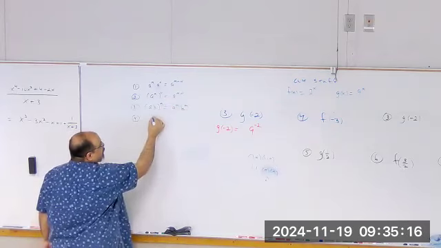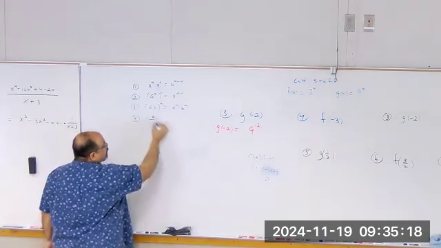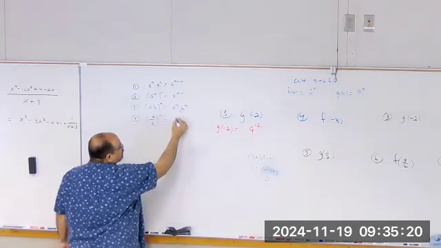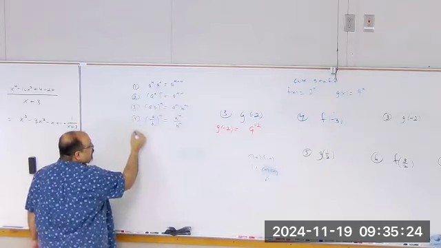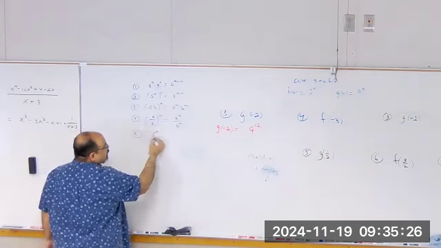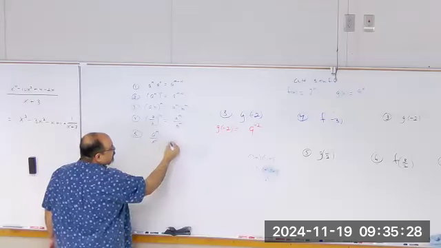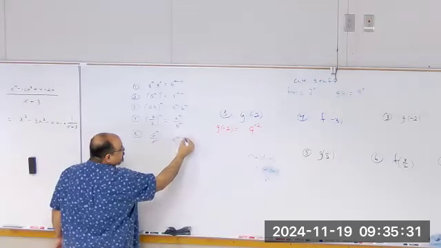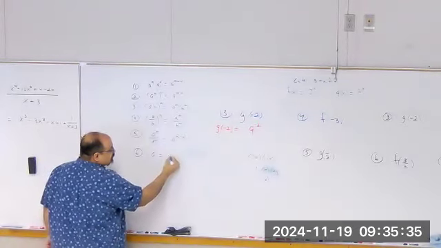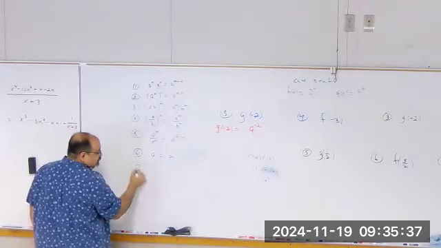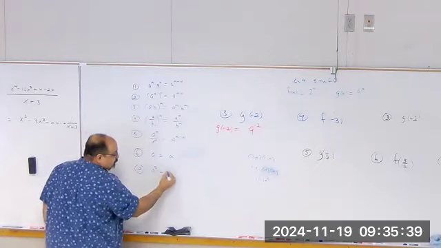Number 4, a over b to the m is equal to a to the m over b to the m. Number 5, a to the m over a to the n is a to the m minus n. Number 6, a to the first is just a. Number 7, a to the 0 is 1.